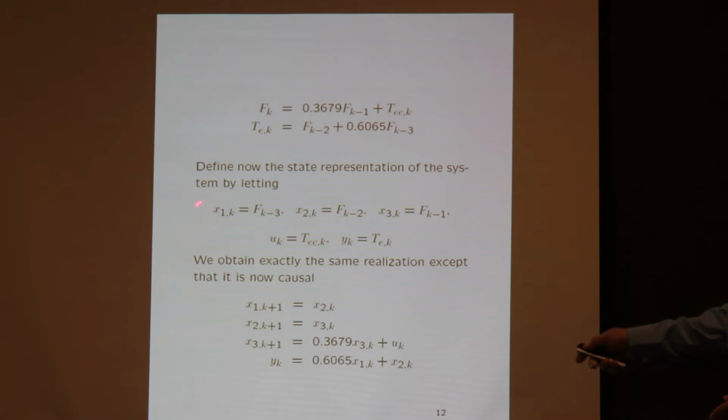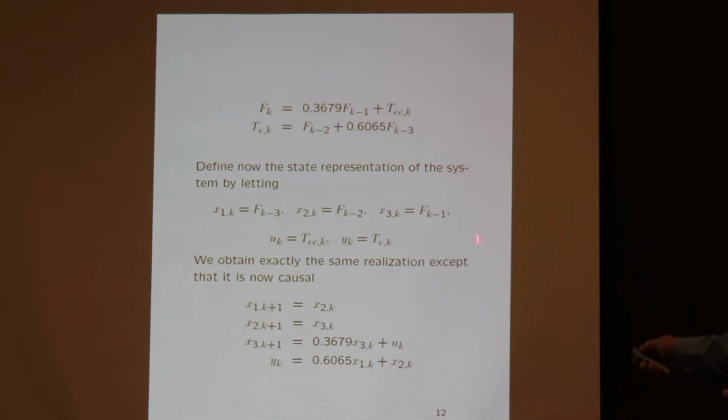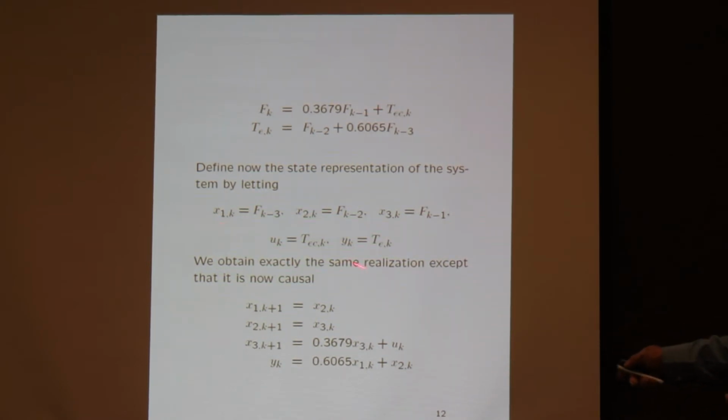All you have to take care is that these states are defined now this way. So trajectory planning and tracking trajectories and things like that have to take into account that the states are now shifted back from the previous representation a sufficient number of times so as to avoid the necessity of having information from the future.